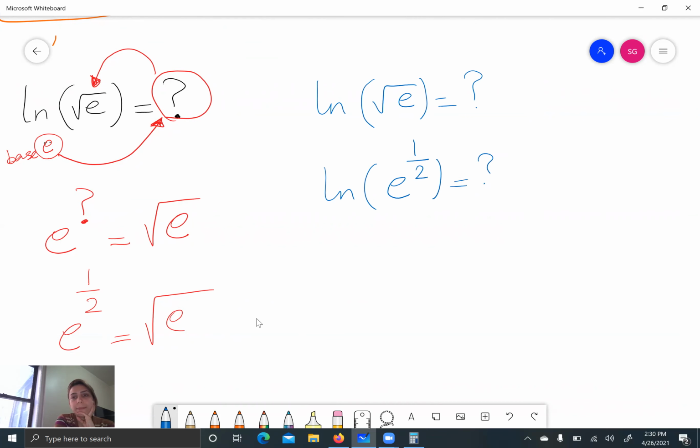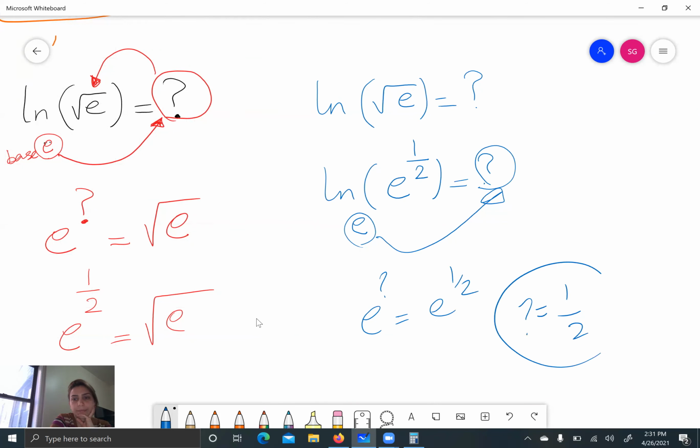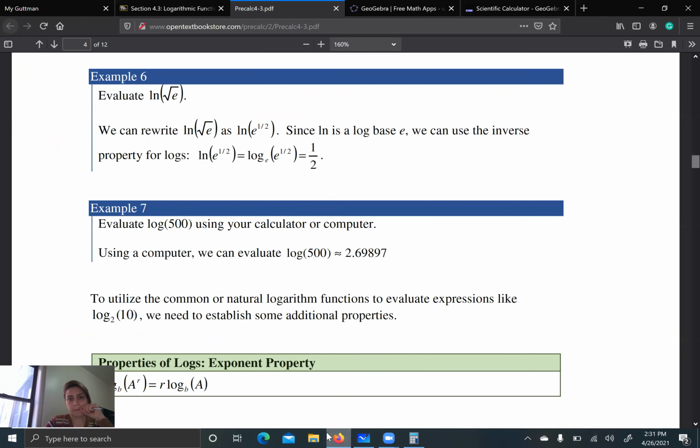Okay, so what is the base? The base is e. So the question is, I think eventually we end up with the same thing: e to what power gives us e to the half? So the power must be half. You see?